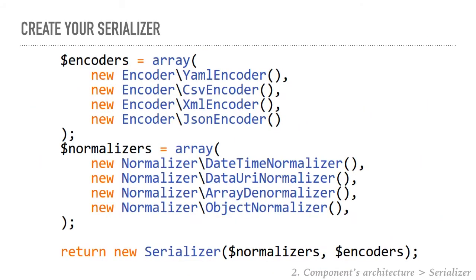So basically, what you have to do to have your serializer, which is the object you can see at the end of the slide, first you need to register all the encoders, register all the normalizers, and when you instantiate your serializer, two parameters, two arrays of encoders and normalizers. And that's it. You have your serializer.